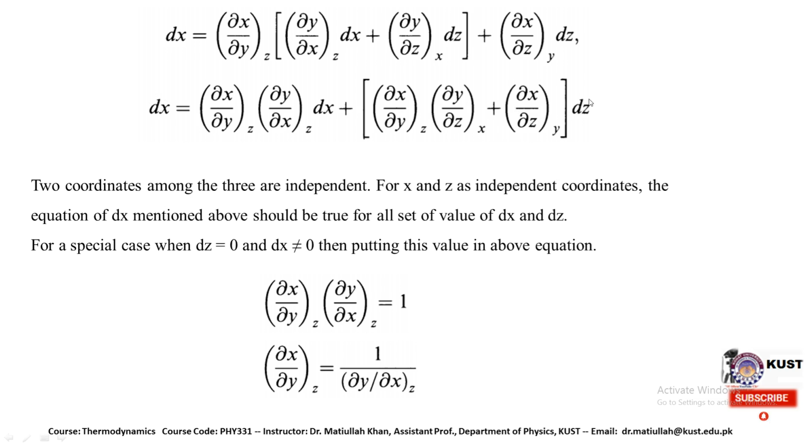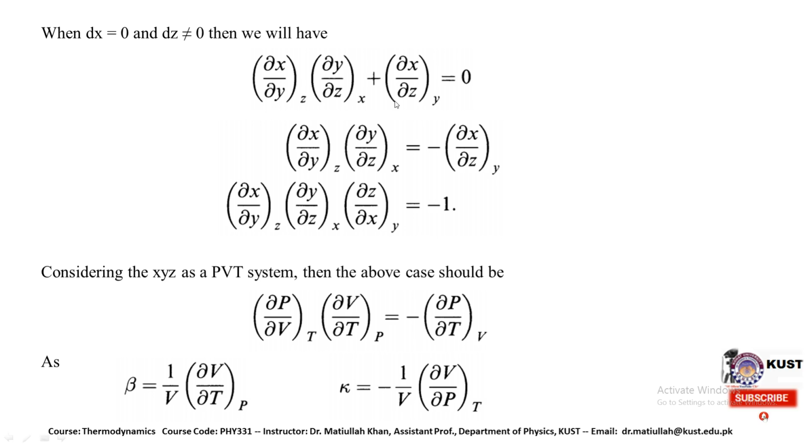The dz will have a value like this, and this part of the equation will become equal to 0 because the resultant values are equal to 0. Then we can simplify this part. Maybe we can take one part to the other side of the equation and then simplify it, and this simplification is over here. Okay, when dz is equal to 0, we have these equations.